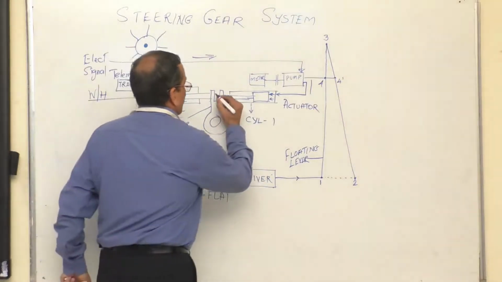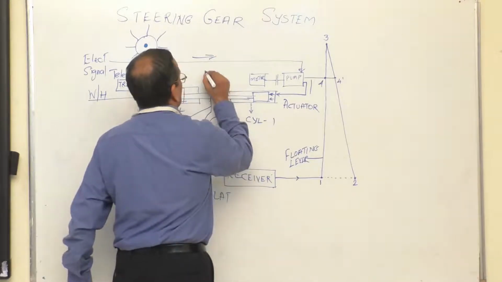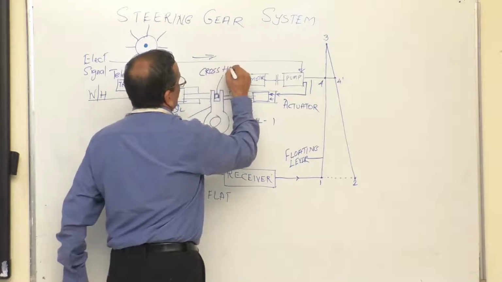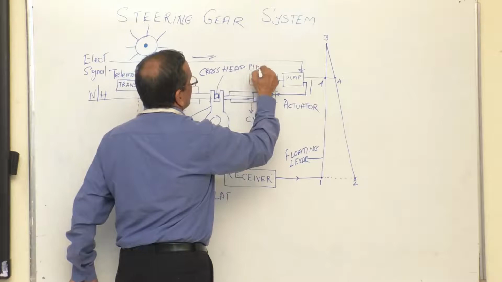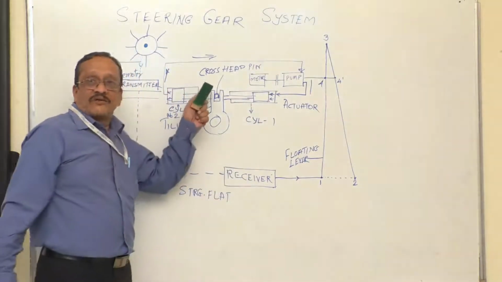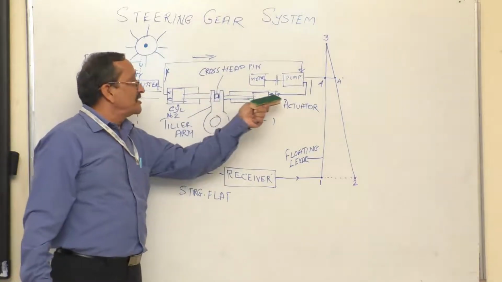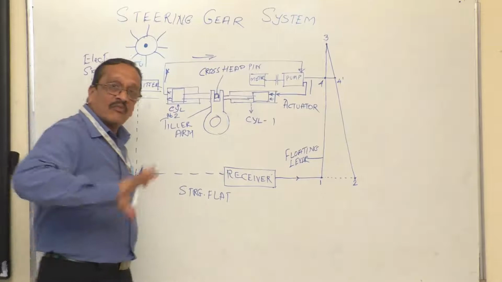While doing so, you have this particular contraption, which is called the crosshead pin. So this is the one which is going to slide over here and see that the linear motion is getting converted into sector or sequential motion.